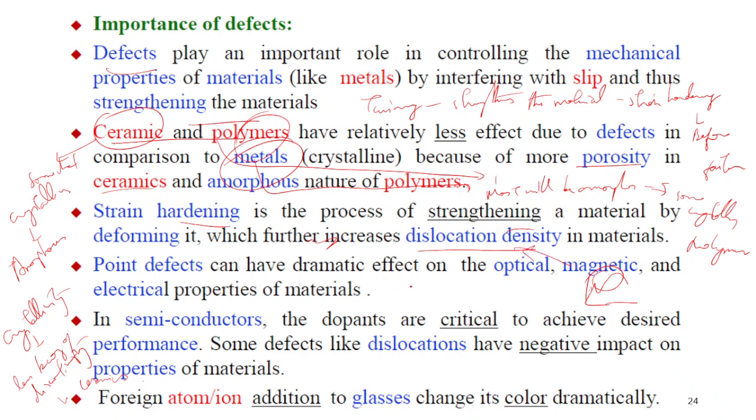Then point defects can have a dramatic effect on the optical, magnetic, and electrical property of the materials. So that's actually entirely material science. The point defects such as Schottky and Frenkel defects can be used in electronic applications such as smartphone touchscreen displays.